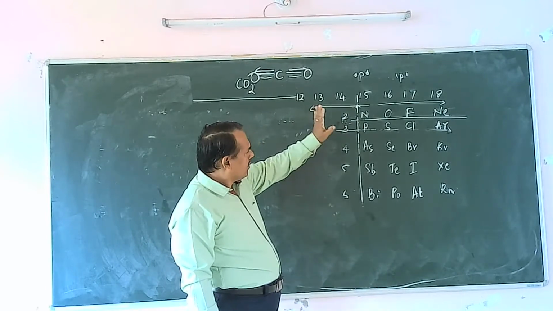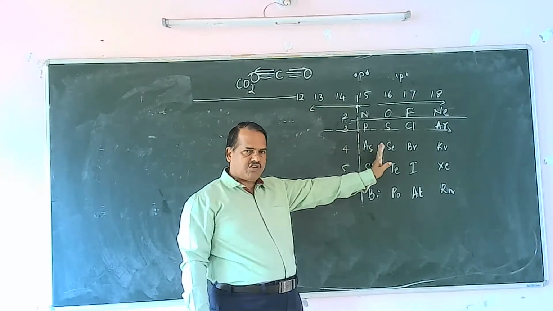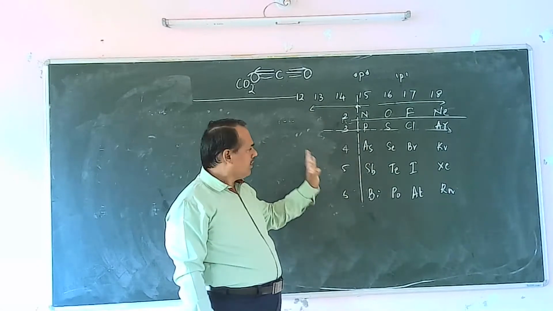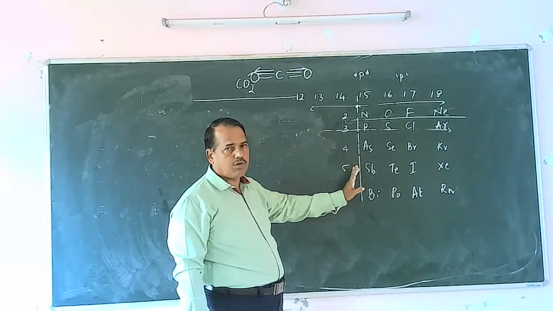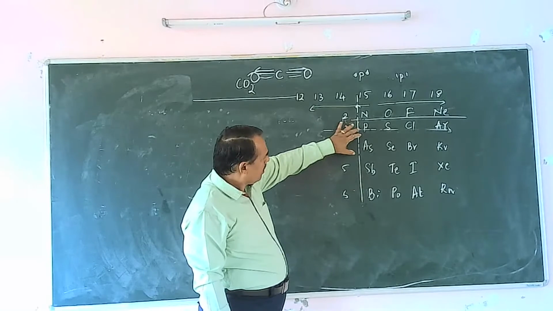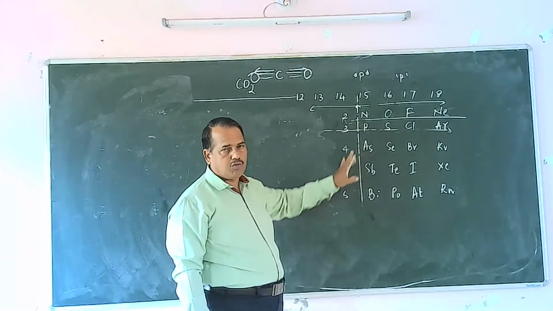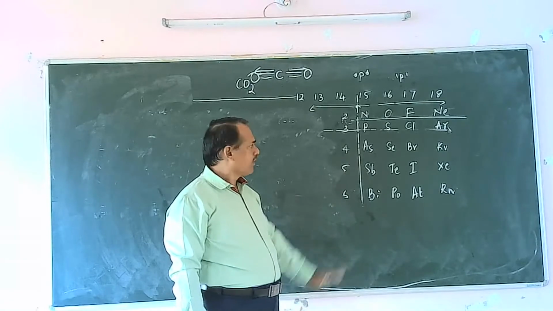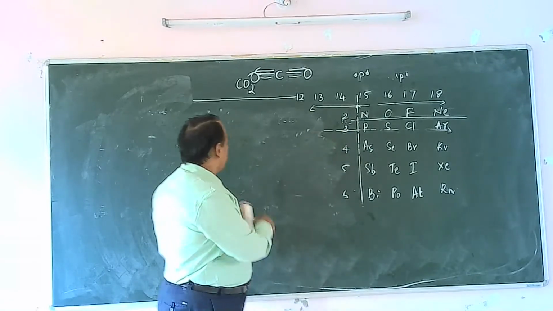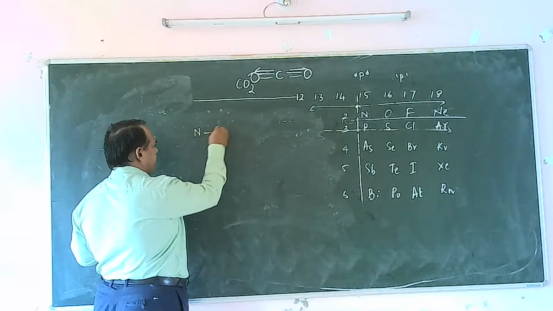Again, the poor shielding or screening effect and inner pair effect also play a role in the diversity in properties of 15 group elements. So nitrogen is a non-metal.